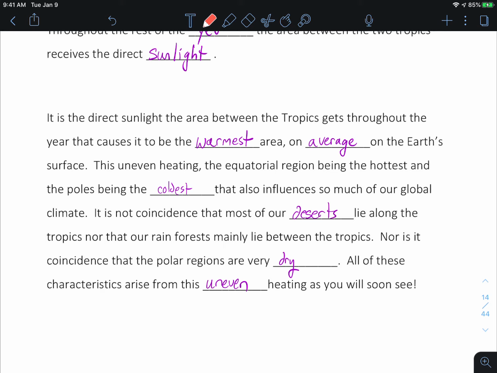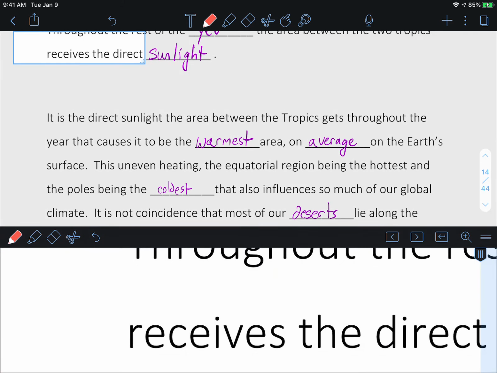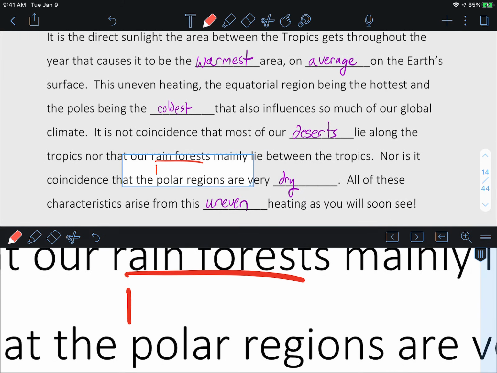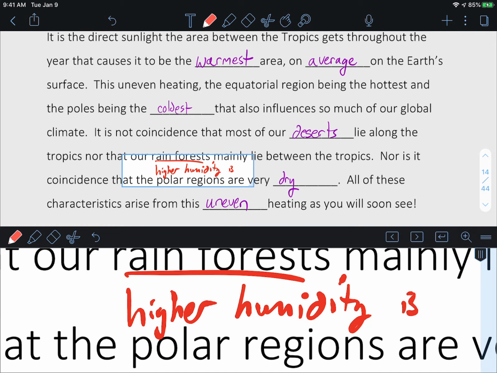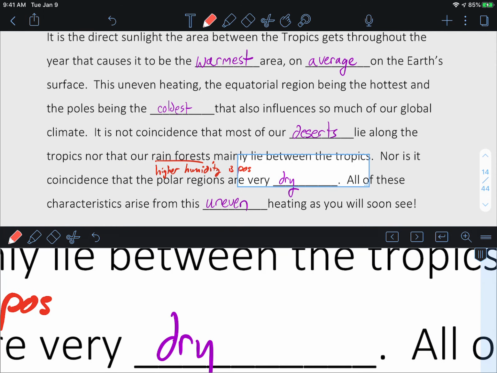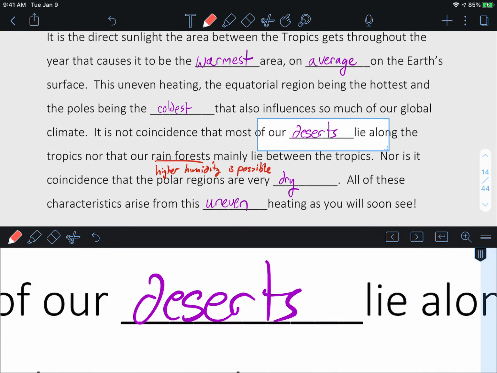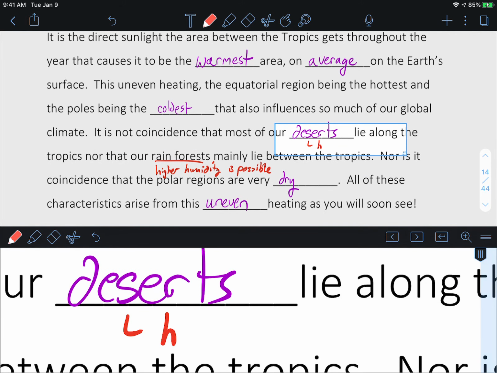So it is no coincidence that most of our deserts lie along the tropics. Of course, that is because of the high amount of heat, but the rainforests are there too, right? That is because of the higher humidities. Higher humidity is possible, and for the deserts, higher heats are possible.